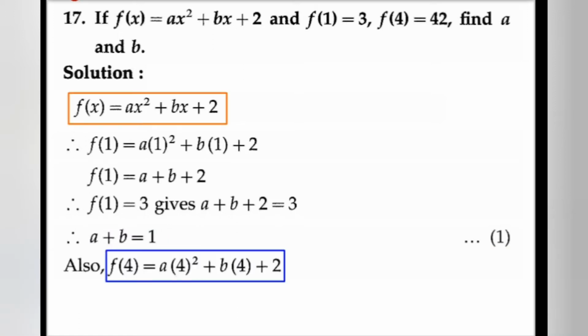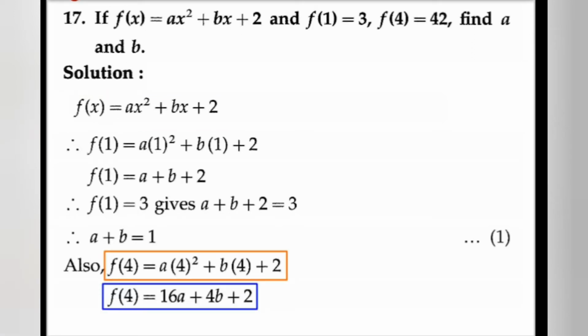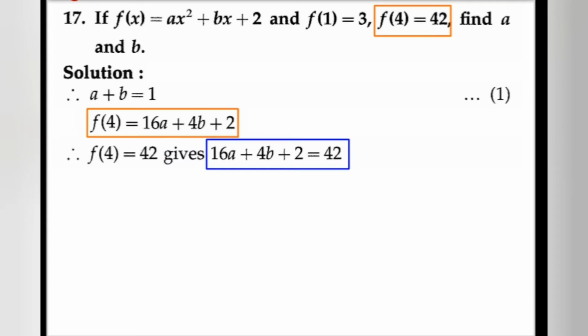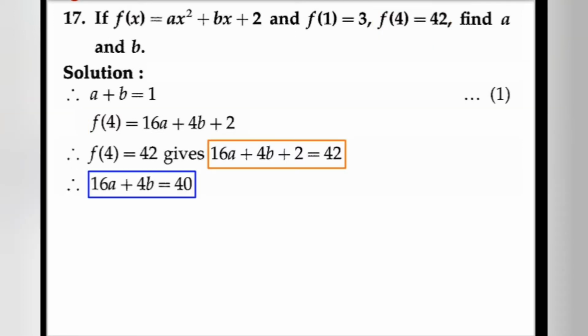Also, f of 4 is equal to a into 4 square plus b into 4 plus 2, that is 16a plus 4b plus 2. So f of 4 is given as 42, which means 16a plus 4b plus 2 is equal to 42. So 16a plus 4b is 40.